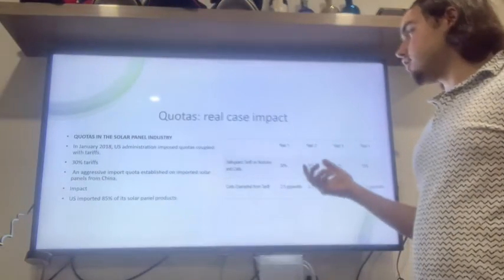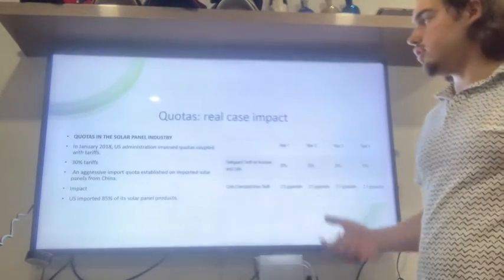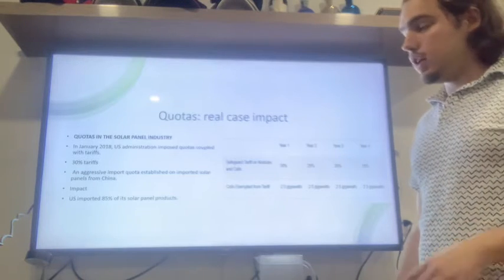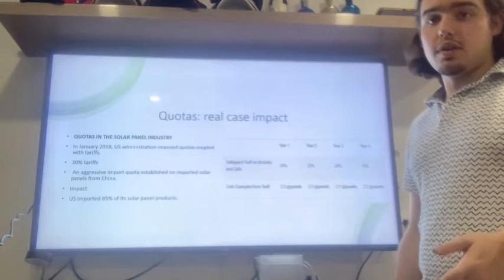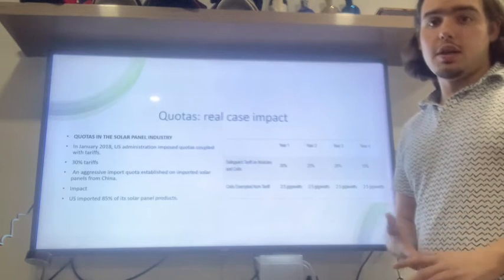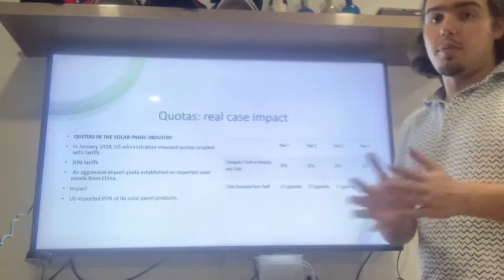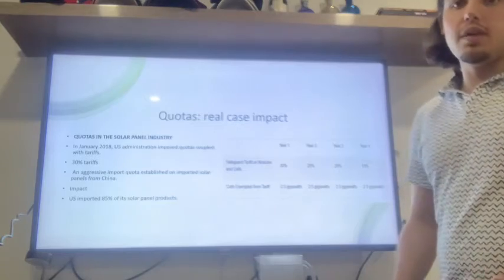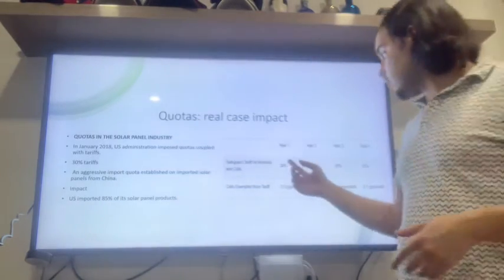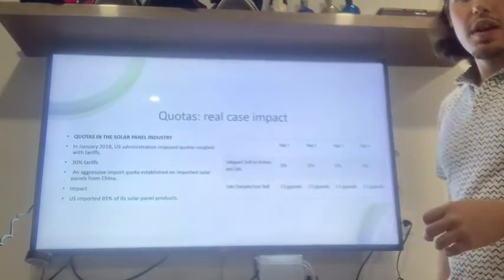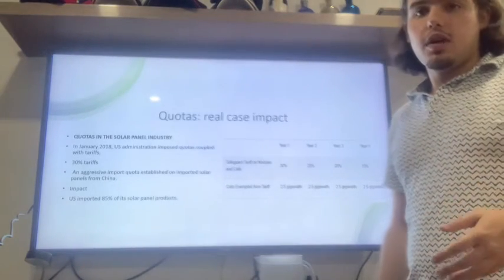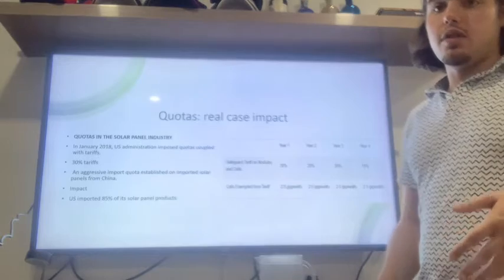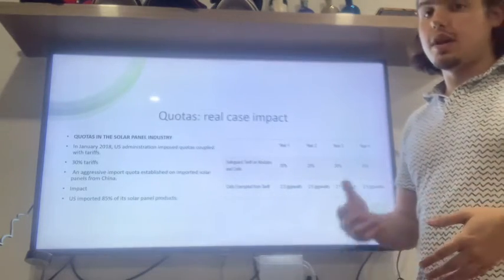Quotas relocate the impact. Take the quotas in the solar panel industry. In 2018, the U.S. administration imposed quotas coupled with tariffs. There was a 30% tariff and an aggressive import quota established on imported solar panels from China.